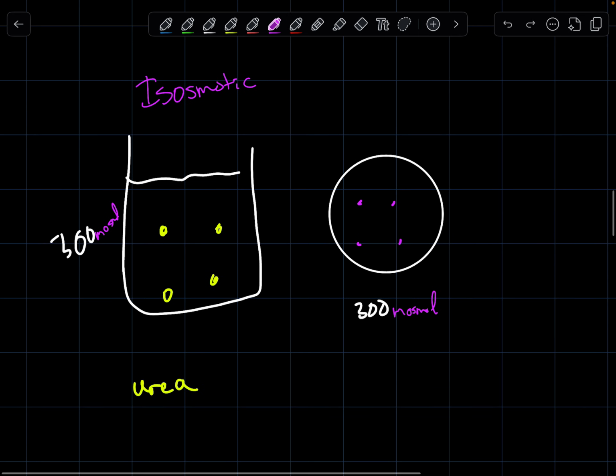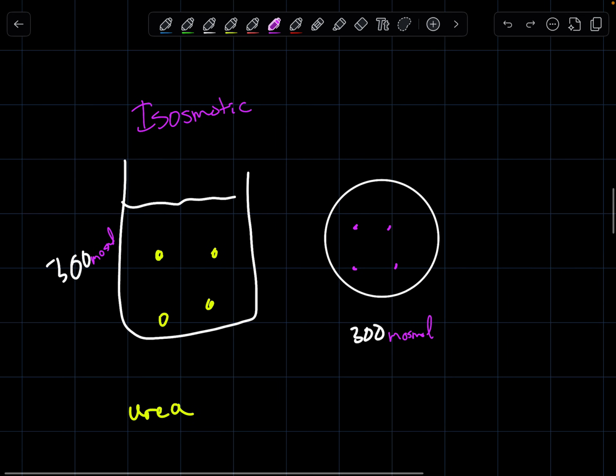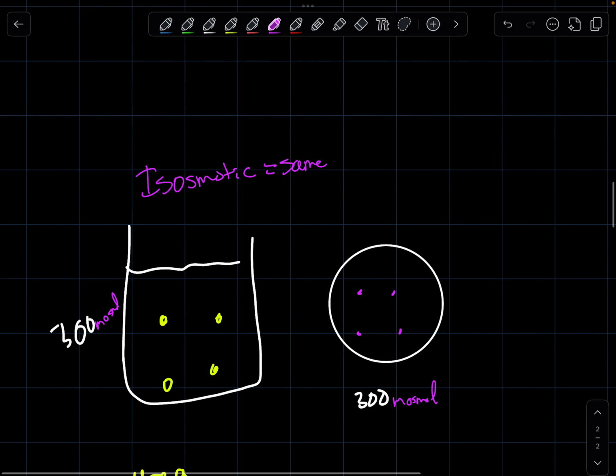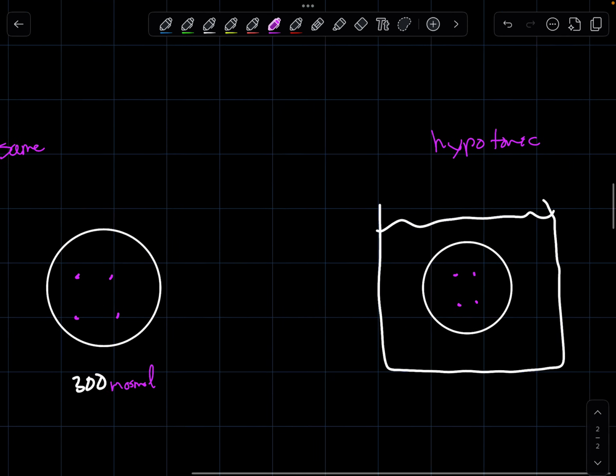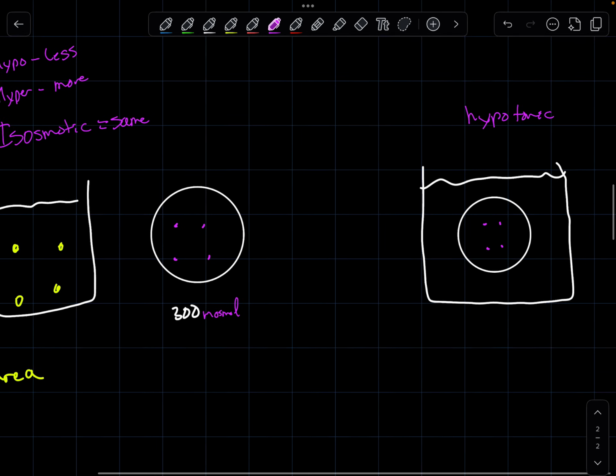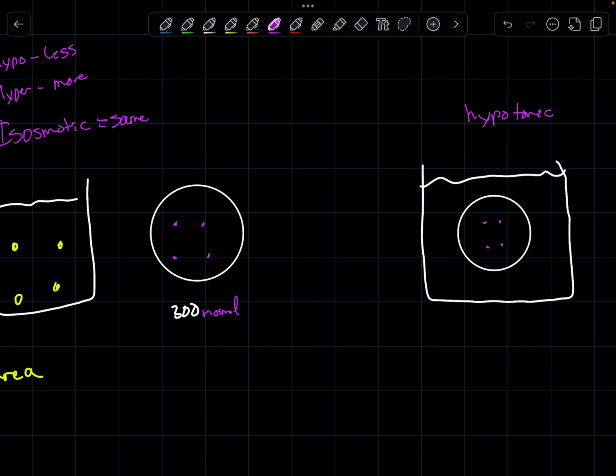So that means they are isoosmotic. They are the same. Now, just to help you, hypo is the root word for less, and hyper means more.